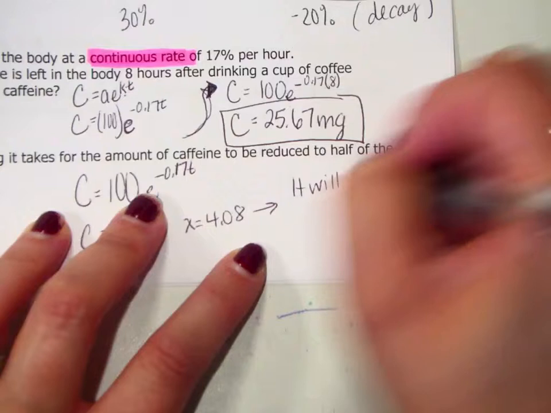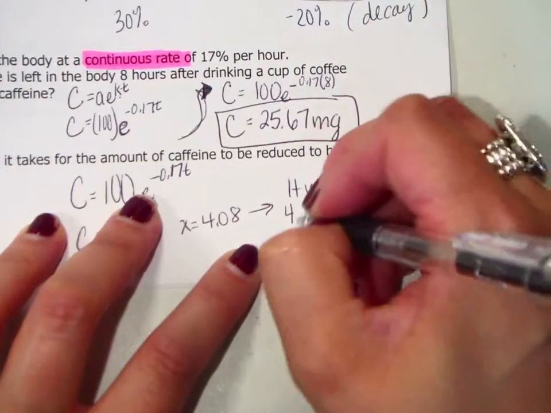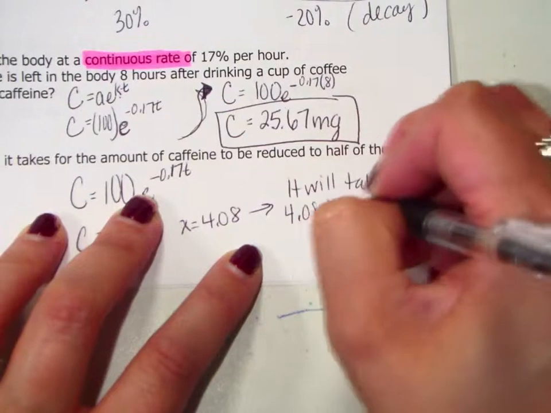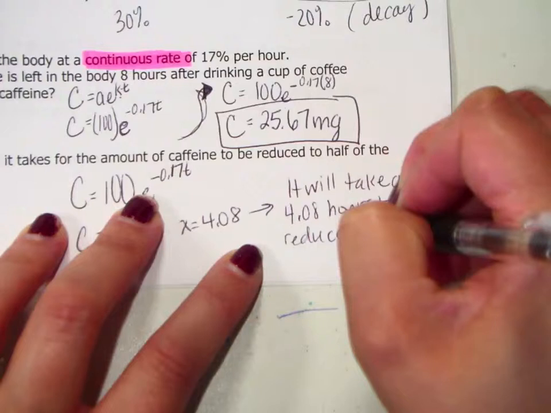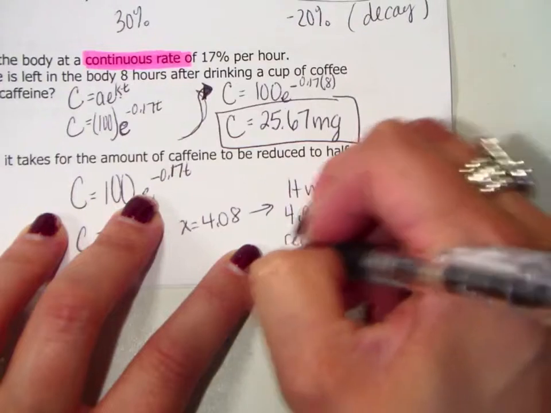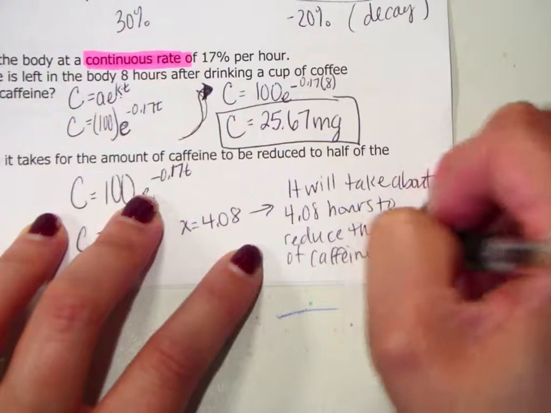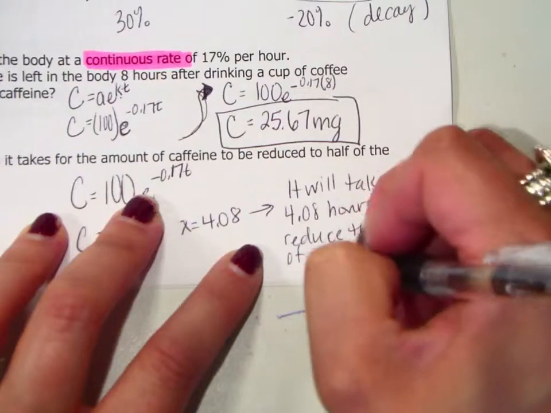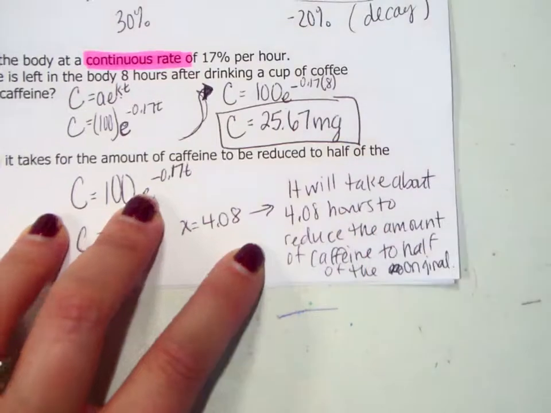Very good. It will take, we'll say about, because it's an approximation, about 4.08 hours to reduce the amount of caffeine to half of the original. Good.